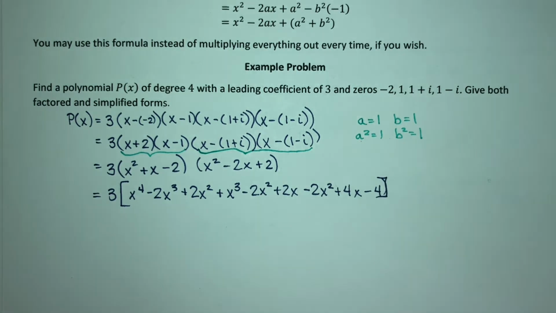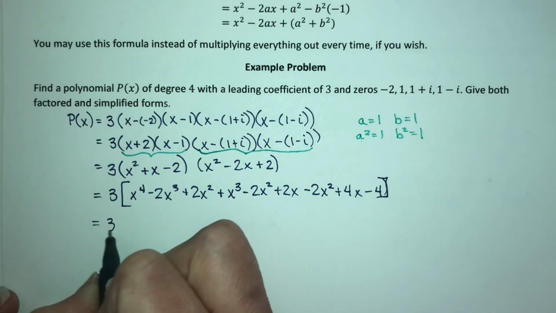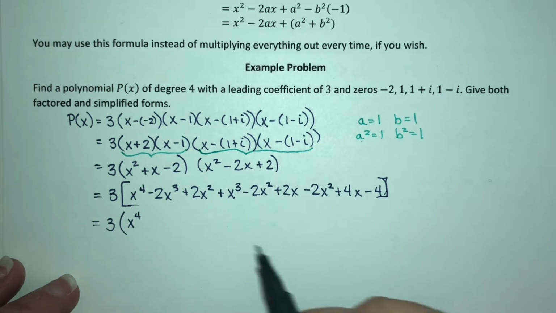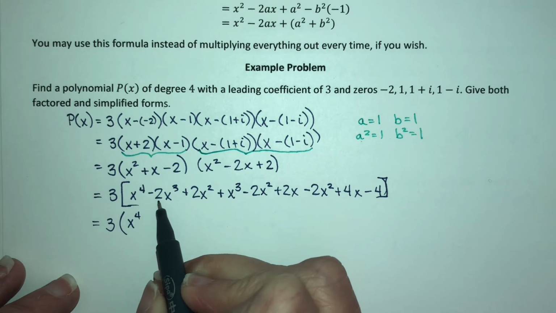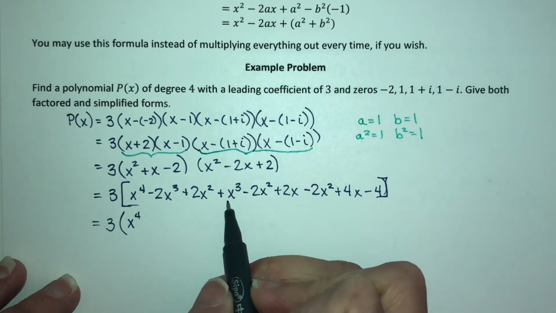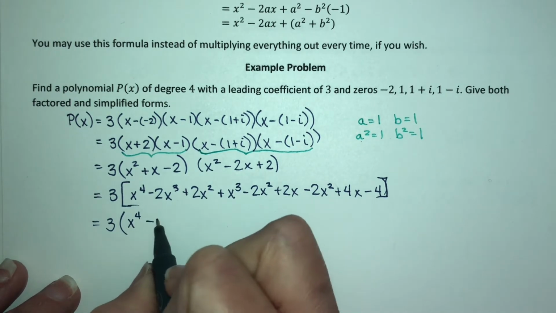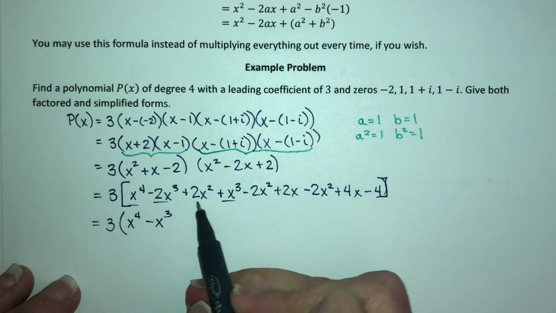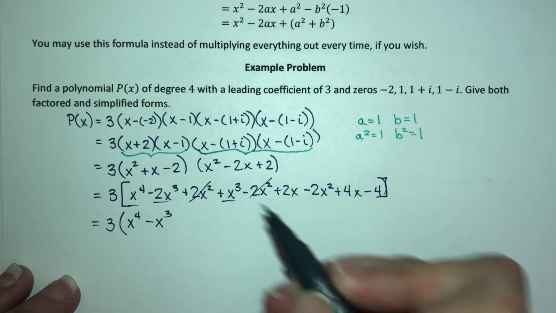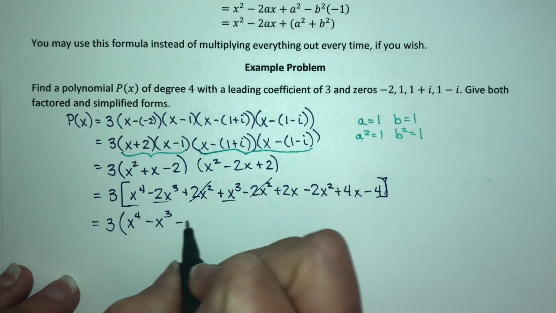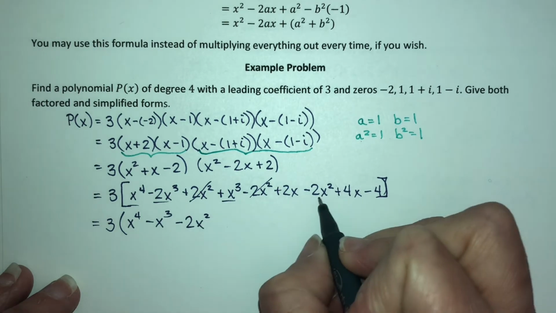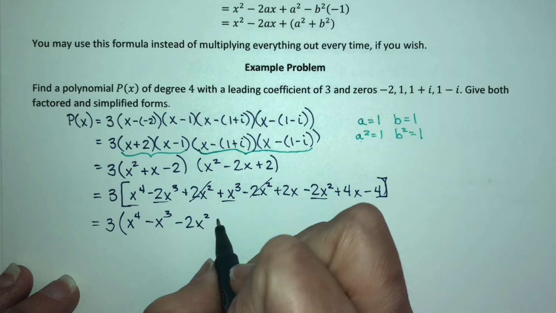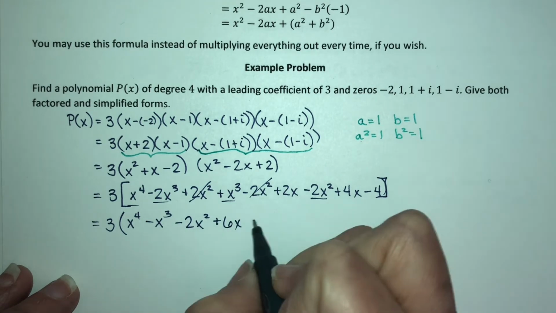Bracket. So combine like terms here. x to the 4th, and then I have negative 2x cubed plus x cubed, so that would be negative x cubed, and I've used these two. 2x squared minus 2x squared minus 2x squared. 2x plus 4x would be 6x, and then minus 4.